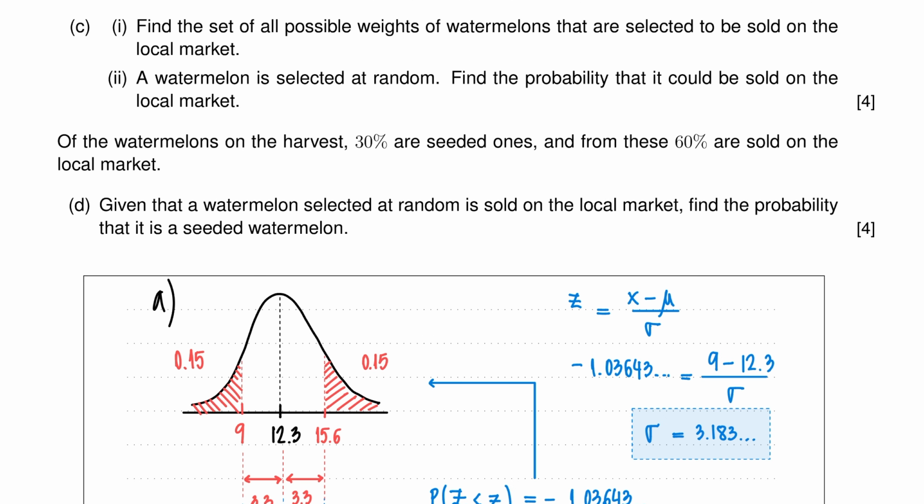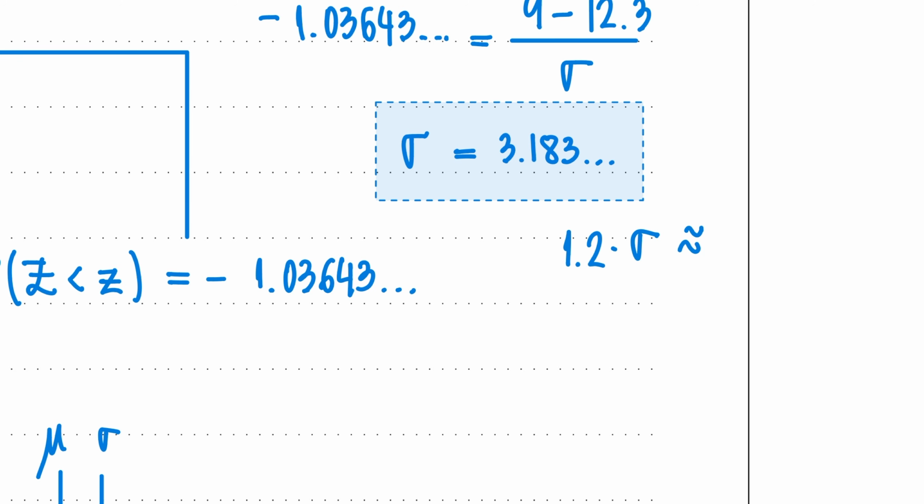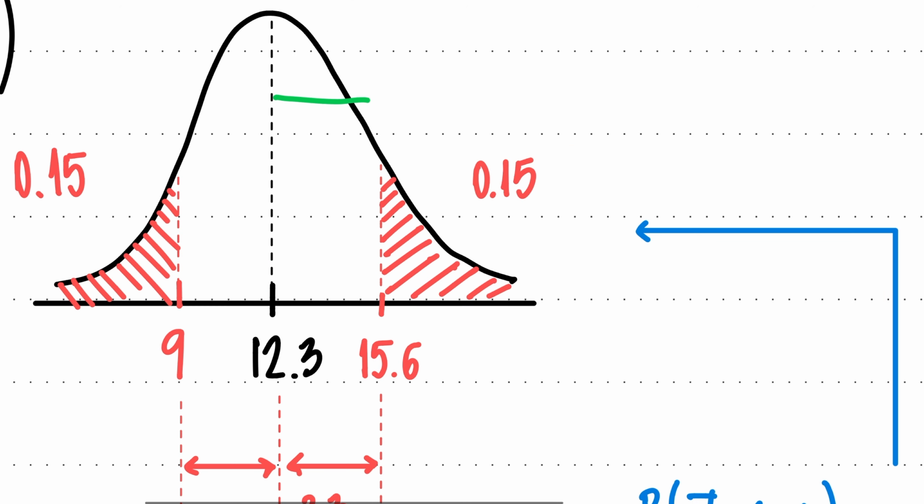Now, next part. To be selected to be sold in a local market, a watermelon's weight must be within 1.2 standard deviations from the mean, which means from negative 1.2 standard deviations from the mean to the left, all the way to 1.2 standard deviations from the mean to the right. Now, what is 1.2 standard deviations? This is 1.2 times the value that we got previously, so 3.82.